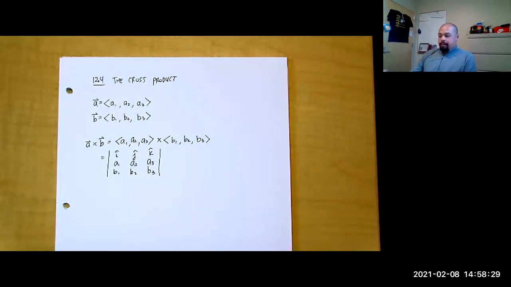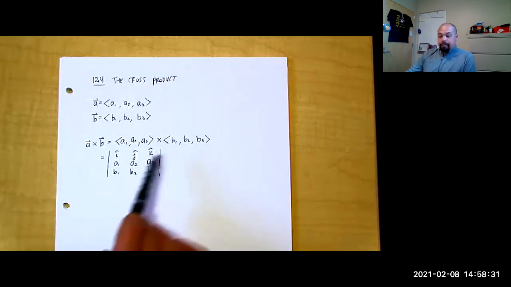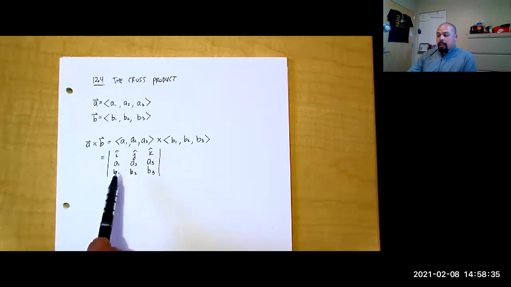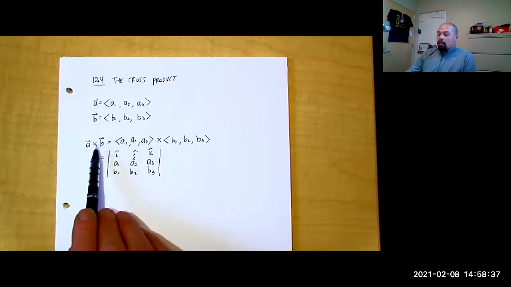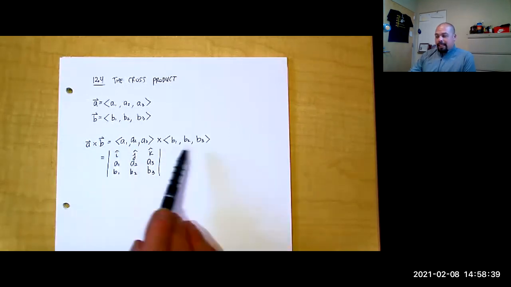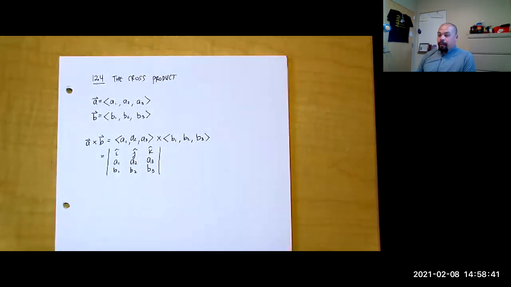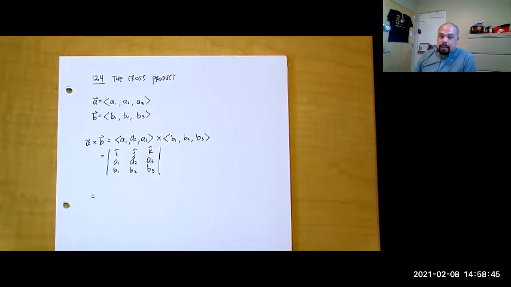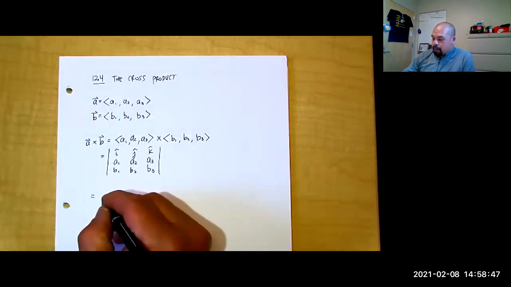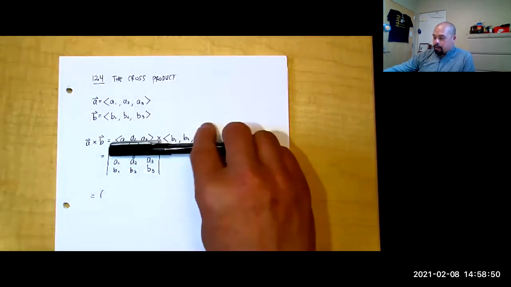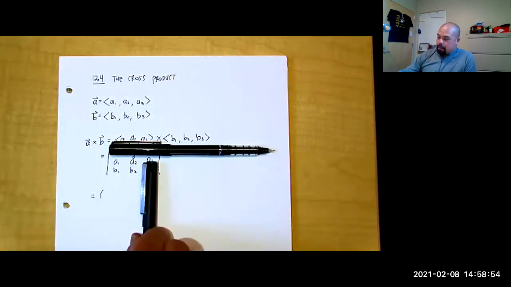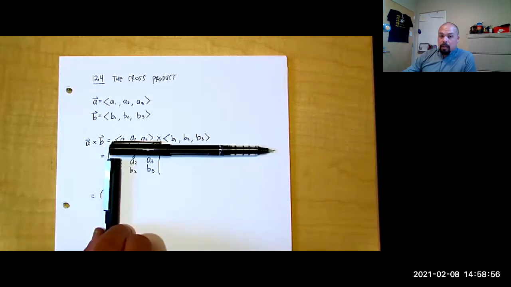Then in order, the first vector that we're using in our cross product goes in the middle row, and what we're crossing it with, that secondary vector, goes on the third row. Now we're going to expand this 3 by 3 determinant across the top row. So we cross out that row and column.